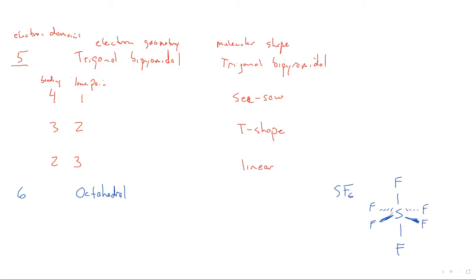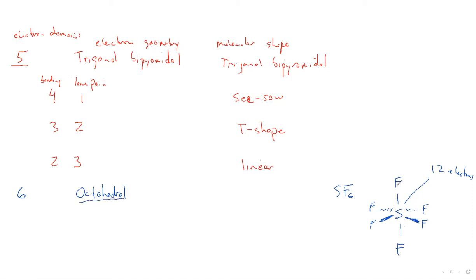You can see that this is going to be an octet rule violator that has 12 electrons around the center. So it can exceed the octet rule. And this is going to be nonpolar, because this is highly symmetrical.